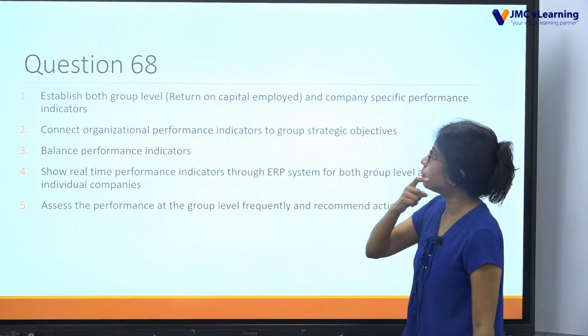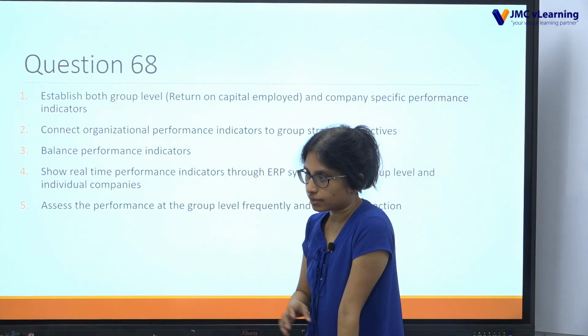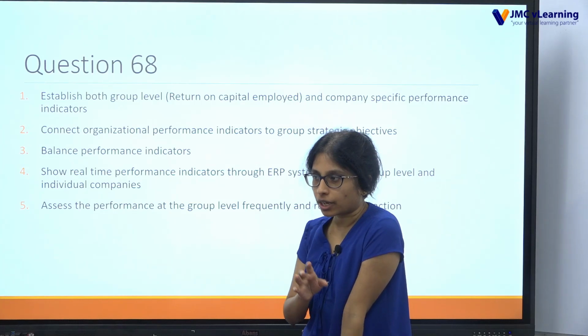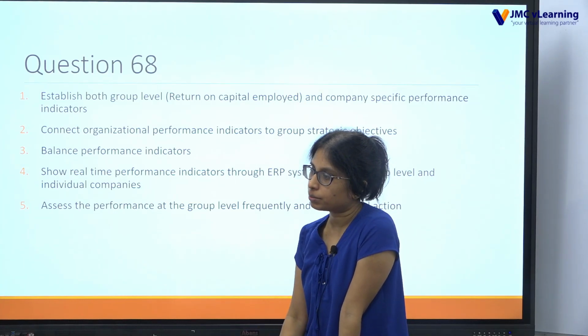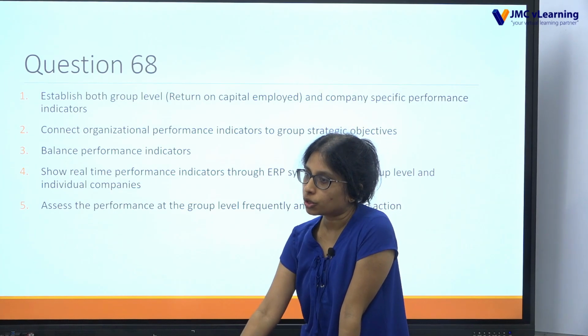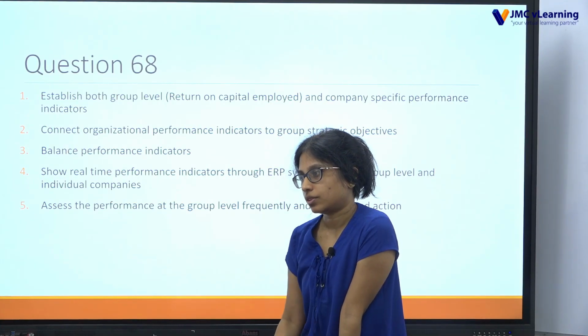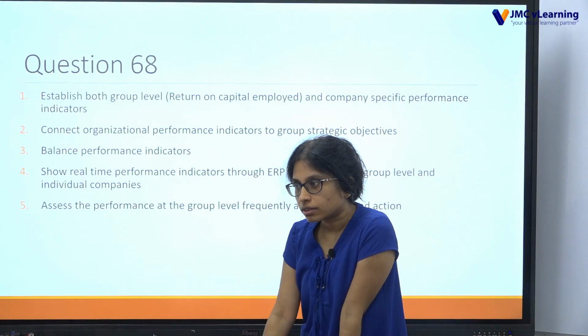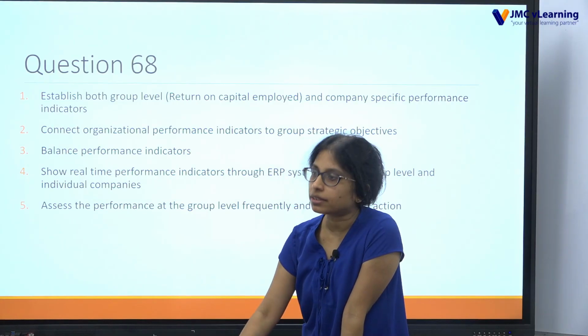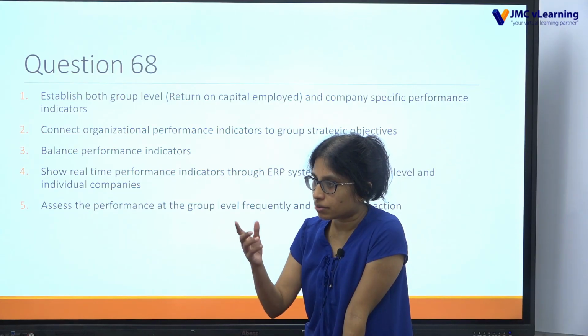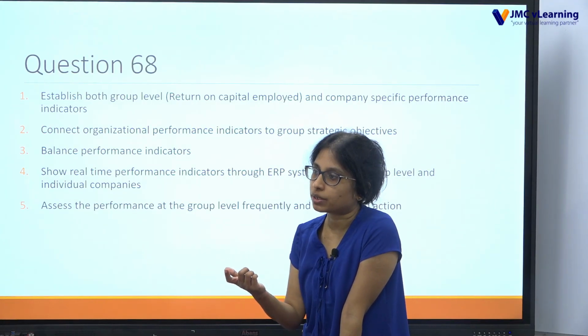And company specific performance indicators. You cannot live without company specific performance indicators. If you are a hotel, occupancy ratio will be a company specific one. If you are a supermarket, profit per square meter will be a company specific one, because in supermarkets the highest limitation is what?